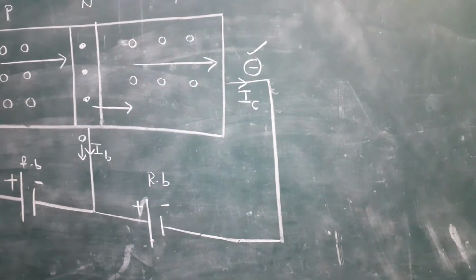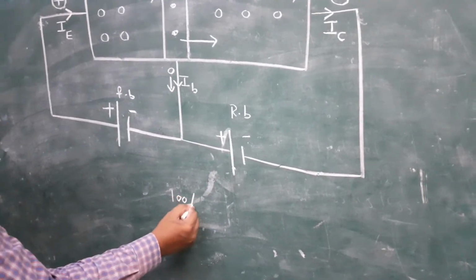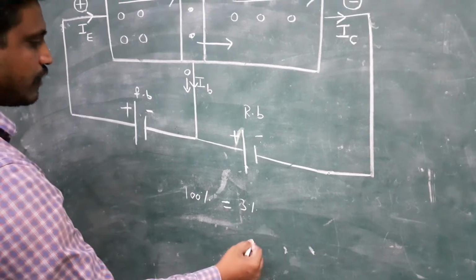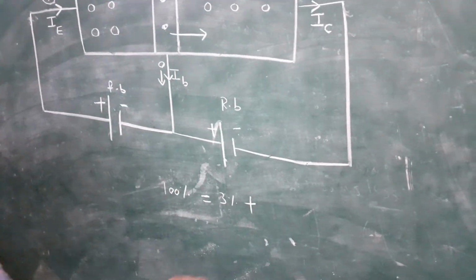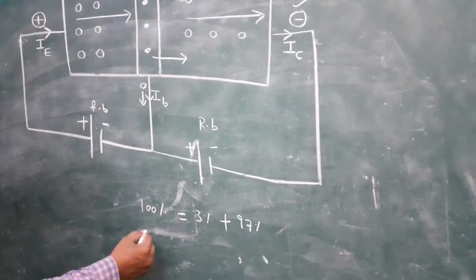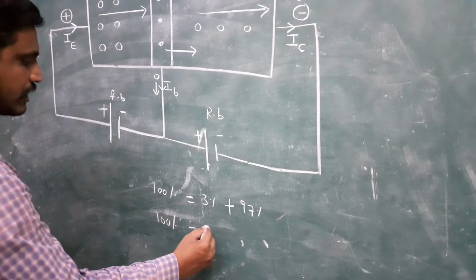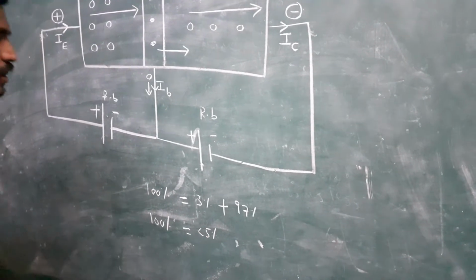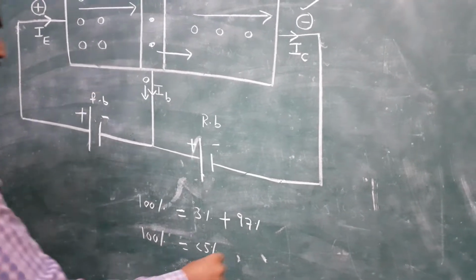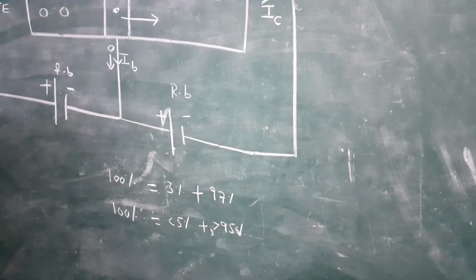Okay, here actually we take 100%, nana. In the 100%, 3% is reduced in the base, for example, and the remaining 97% reach the collector. Simply, I take 100% in the emitter, less than 5% combines with electrons in the base region, and the remaining greater than 95% reach the collector region.